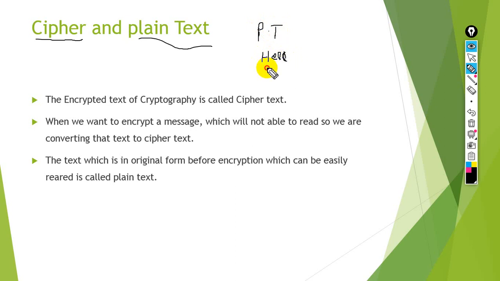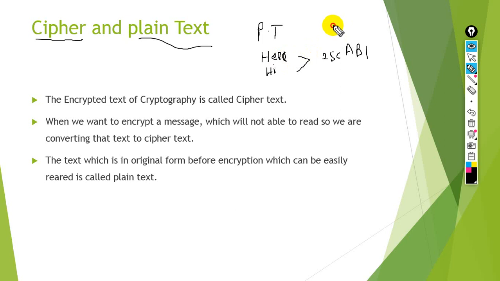If we convert this to some other text, for example 25CAB1, that text can be read, but it is not meaningful. So we can say plain text is the text that can be read and is meaningful text.